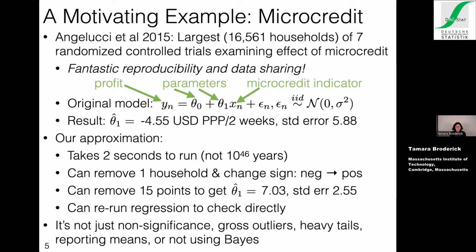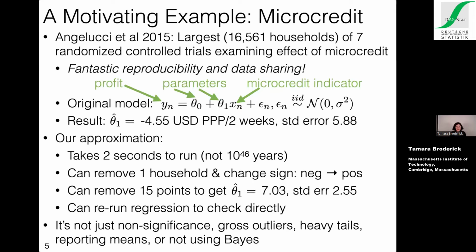Two, I think very reasonably, you might be thinking, yeah, but it wasn't statistically significant to begin with. And so maybe I didn't really trust this result to begin with. We're going to see an example later where you can start with a statistically significant result in a very famous study, and we can still drop a very small fraction of data to get statistical non-significance.